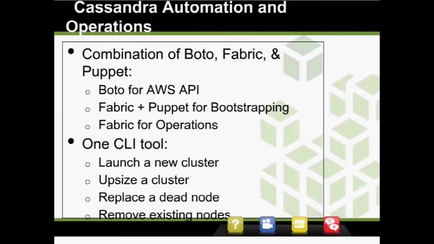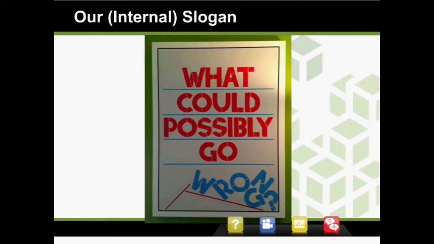So we have an internal slogan and a great poster here at Stackdriver. And what could possibly go wrong? So you always have to be thinking about failure. And so we've taken, I think, a unique approach into thinking about failure when it comes to Cassandra.